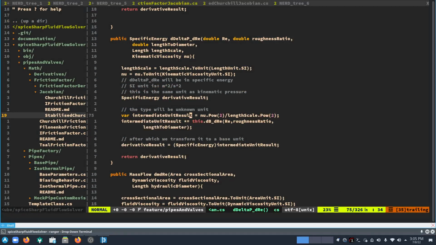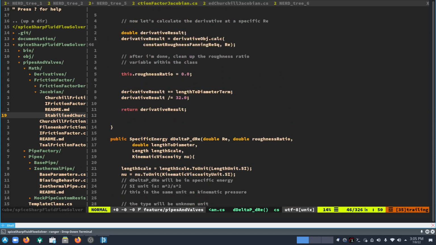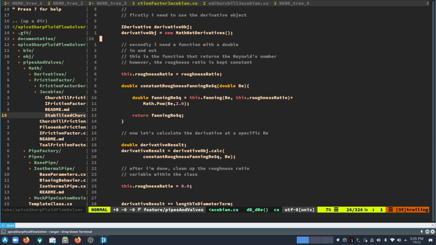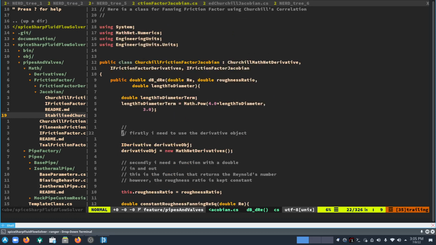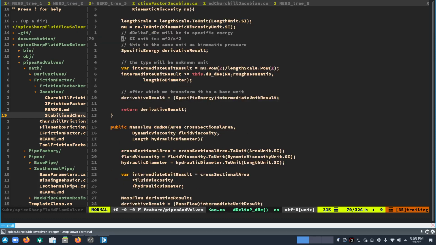This is the intermediate unit result with the correct units, nu squared over L squared, and I will multiply it by this dBE dRe. The dBE dRe is this code here, which we just discussed, that calculates the dBE dRe derivative. And then what's next?